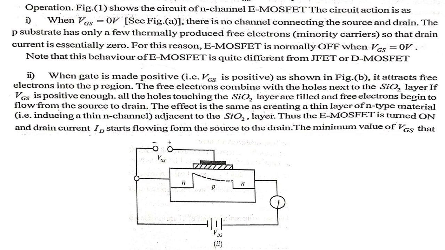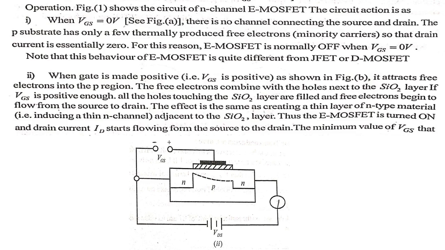If VGS is positive enough, all the holes touching the SiO2 layer are filled and free electrons begin to flow from the source to drain, and the effect is the same as creating a thin layer of N-type material, that is, including a thin N channel adjacent to the SiO2 layer.